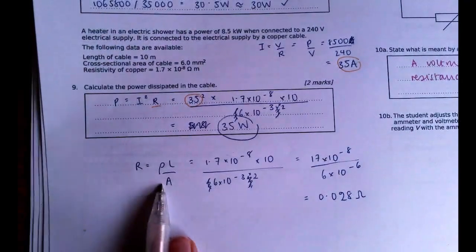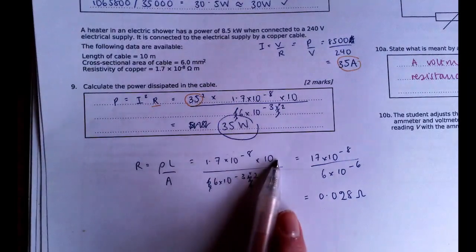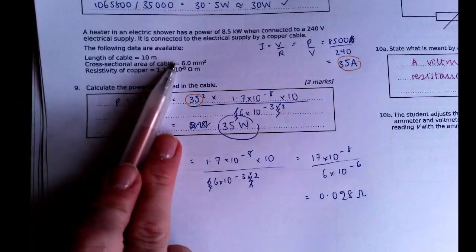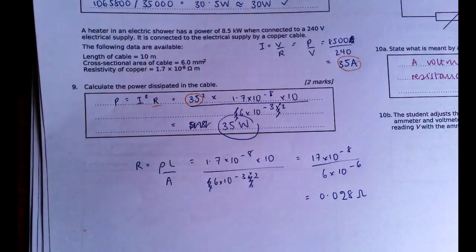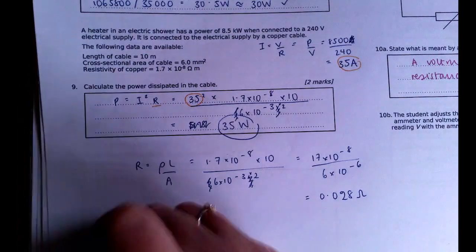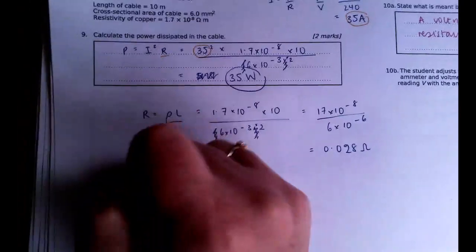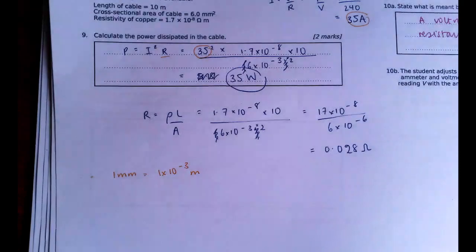That's going to come from our resistivity equation. So we've got resistivity here, the length is 10, and the cross-sectional area is given in millimetres squared. So we need to convert that into metres squared. So we know that 1 millimetre is equal to 1 times 10 to the minus 3 metres.